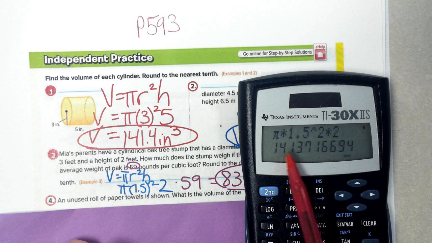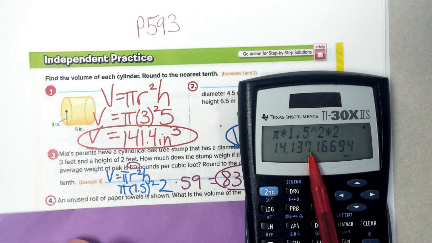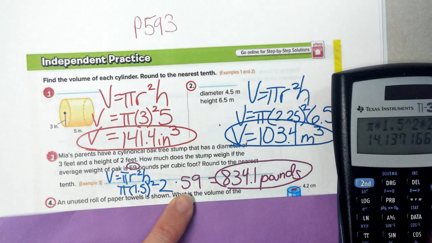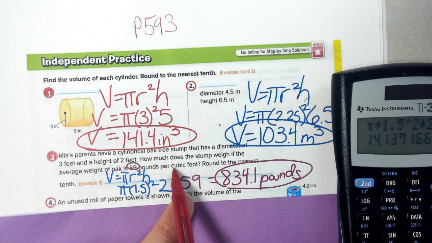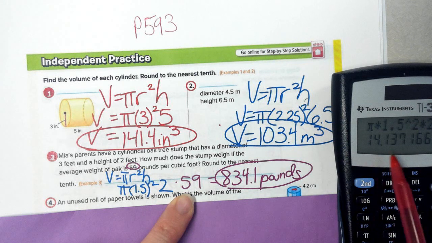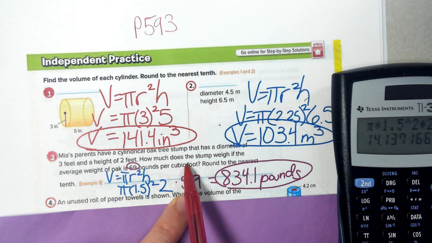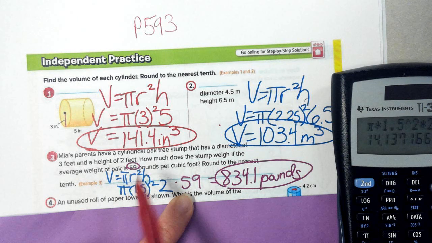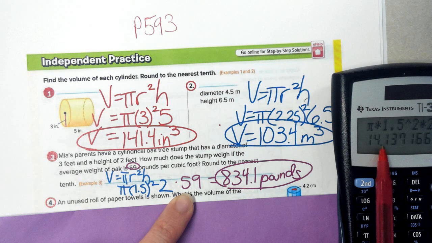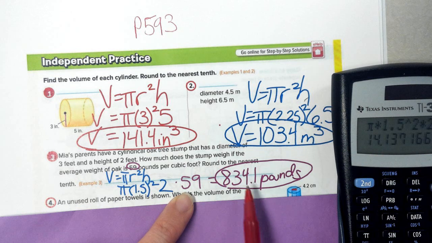So 14 point, if you took 3 decimal places, it would be 14.137. Then you multiply it by 59 because it says per cubic feet. So this had a little over 14 cubic feet, and each one is worth 59 pounds of weight. So we have to multiply this amount by 59. Now, if you rounded this one and had 14.1, you got probably slightly a different answer here.